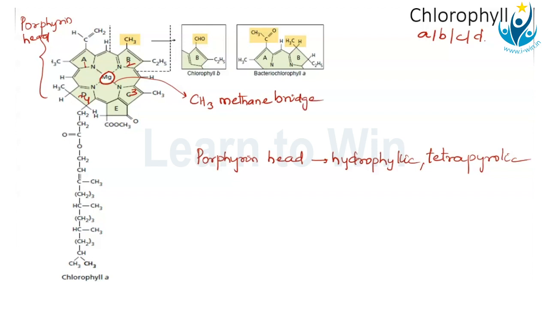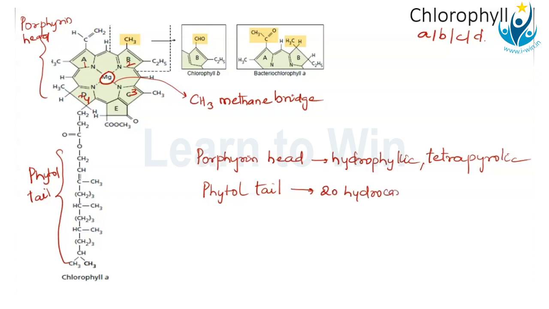Now after that you have this phytol tail. This phytol tail is made up of 20 carbons, 20 hydrocarbons.